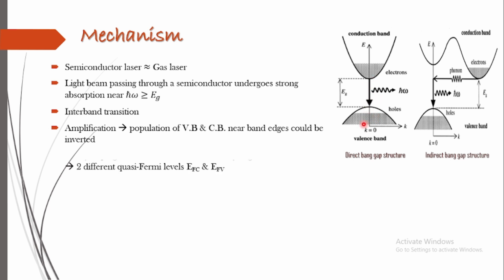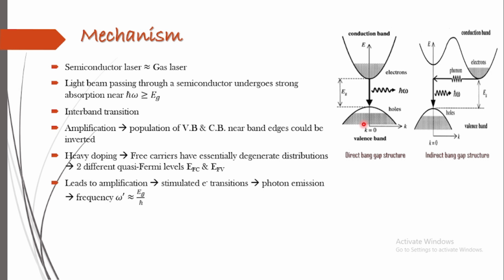So suppose that the material is so heavily doped with N-type and P-type impurities that the free carriers have essentially degenerate distributions with two different quasi-Fermi levels, that is EFC and EFV, in the two bands. Then a distribution like this leads to amplification because stimulated electrons make transitions from conduction band to empty states at the top of the valence band.